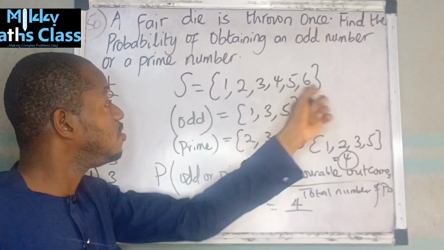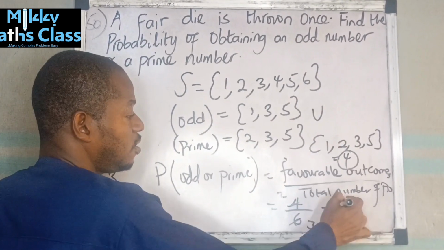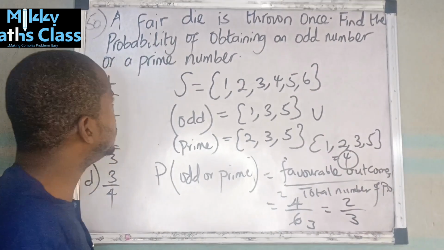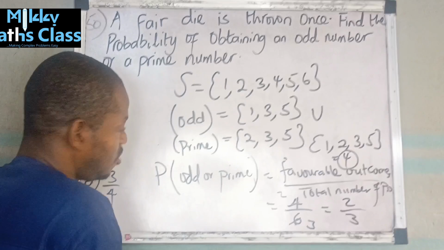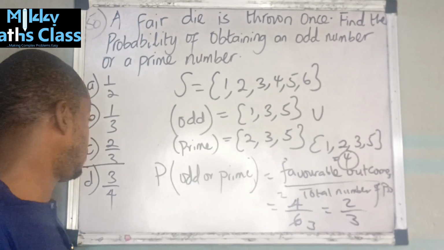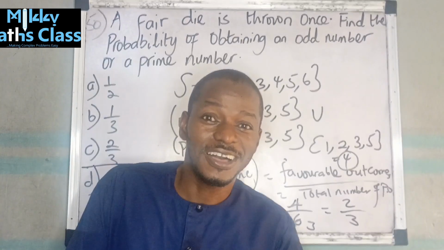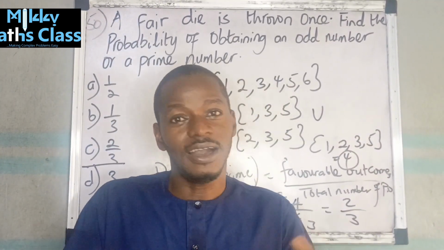The sample space is 6. 4 over 6, so divide by 2, 2 here, 3 here. So the probability of picking either an odd number or a prime number is 2 over 3. That's option C.